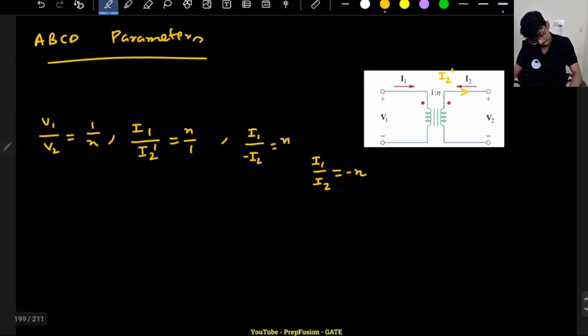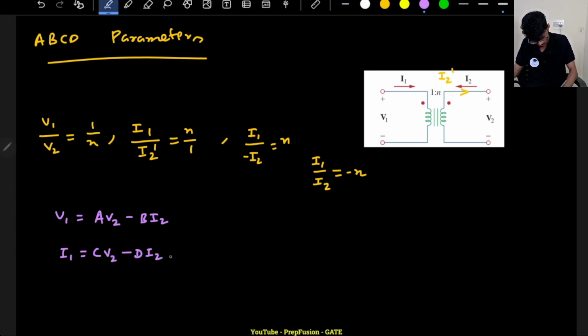So what is the equation of ABCD parameters? My V1 is equal to A V2 minus B I2, and my I1 is equal to C V2 minus D I2.